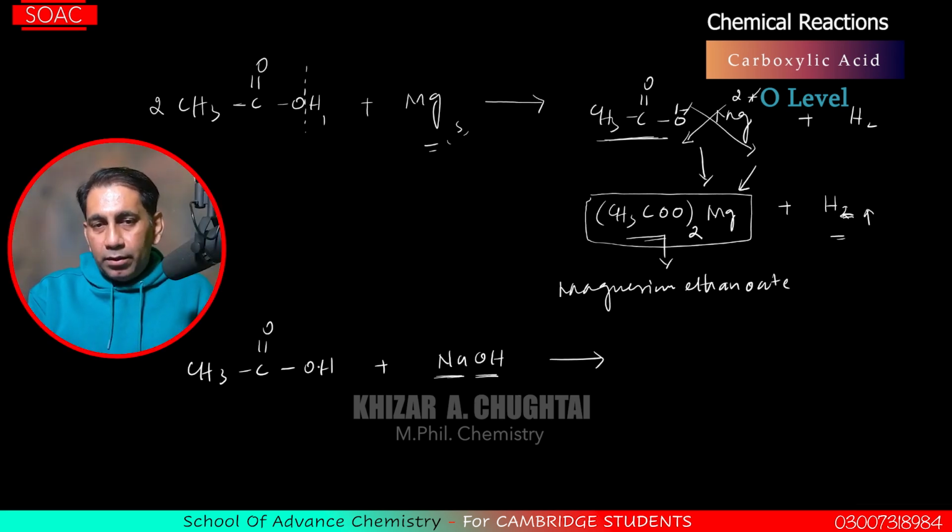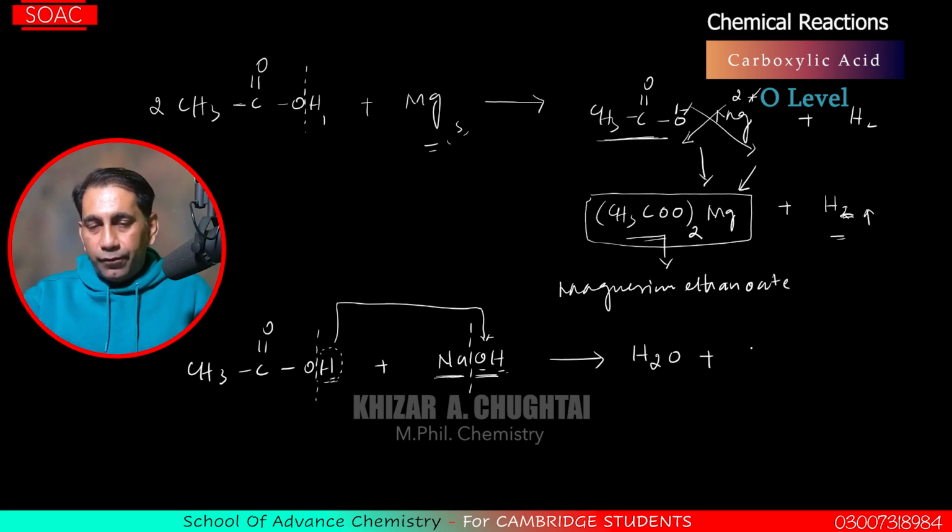Number 1, once again, there is a cleavage of this OH bond. This H is lost by this carboxylic acid, and here the OH negative ion is going to take part in the chemical reaction. So this one hydrogen and OH group will meet together to make H2O. 2 hydrogens, 1 oxygen will make water, plus again salt is formed.